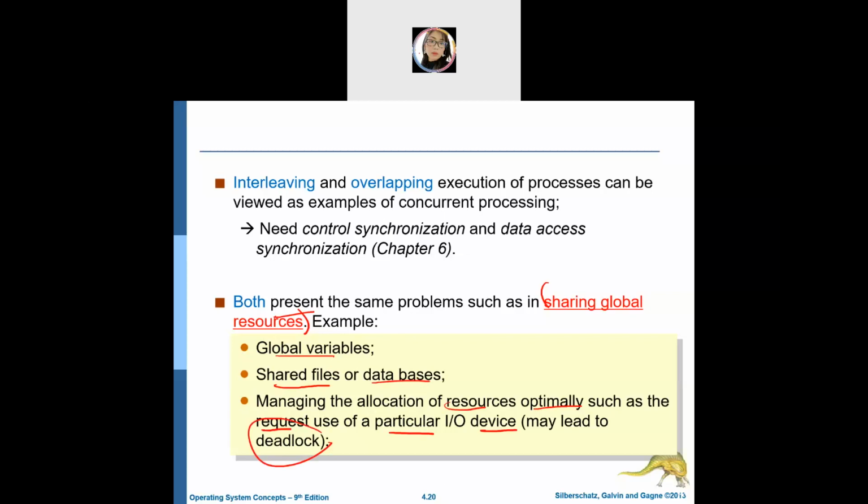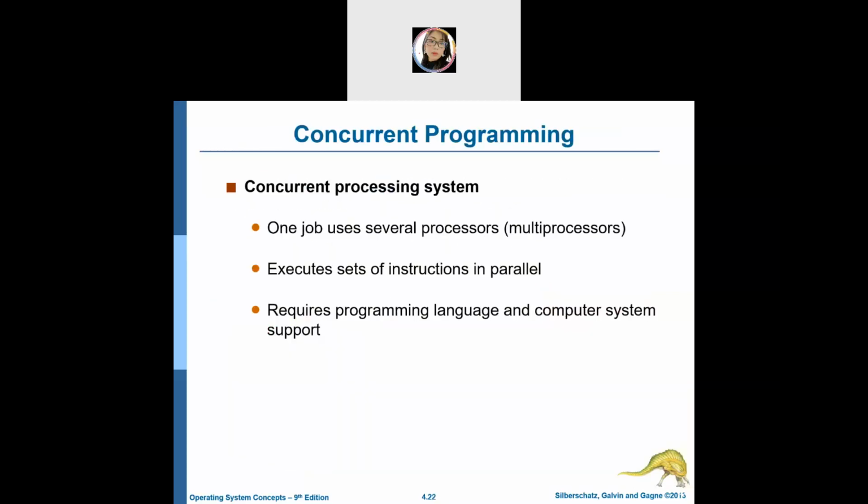Last time I think your friend asked me about the deadlock and we already tried to look into it. And in terms of concurrent programming, in a concurrent processing system, one job uses several processors, which is a multiprocessor.